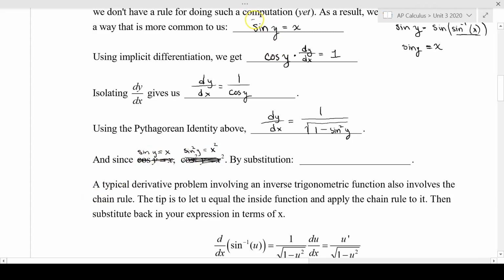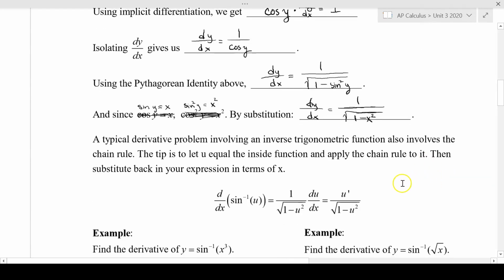From our problem, so we know that. So I'm going to substitute again, and instead of writing sine squared y, I'm going to write x squared. So 1 minus x squared under the square root. Okay? So that is the derivative of sine inverse of x.